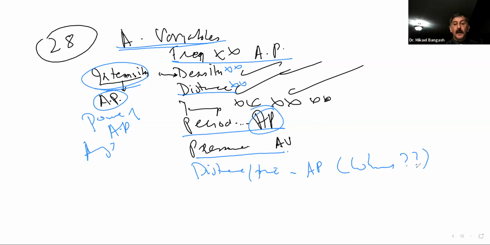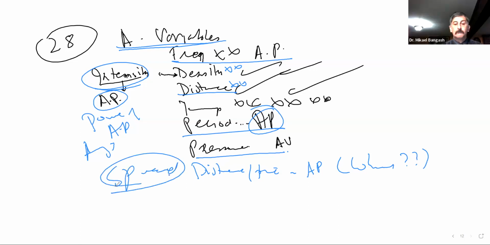That's your propagation speed, which is an acoustic parameter.